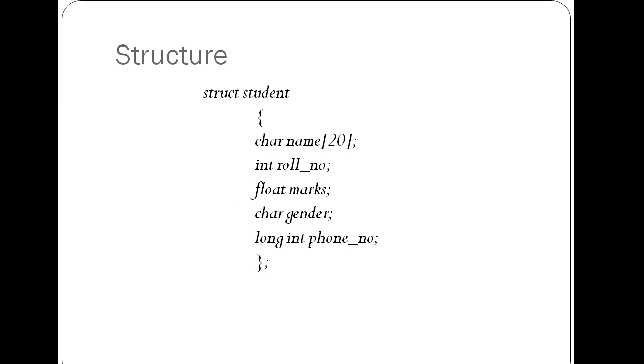That is, student is a structure, and the student has name, roll number, marks, gender, and phone number. As you can see here, the name is given the data type of character, roll number is given the data type of integer, marks is given the data type of float, gender is given the data type of character, and phone number is given the data type of int.